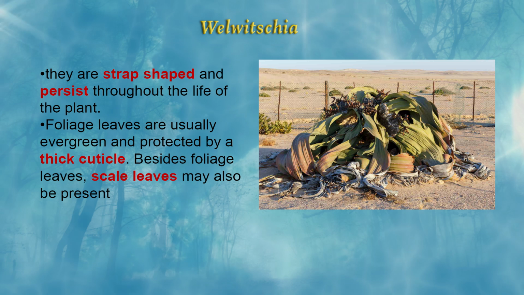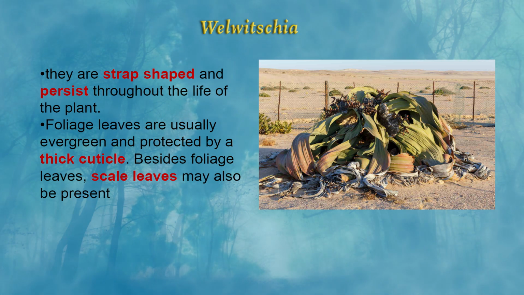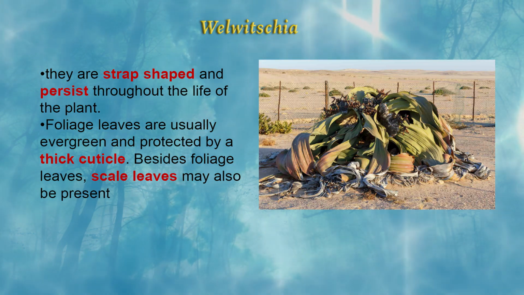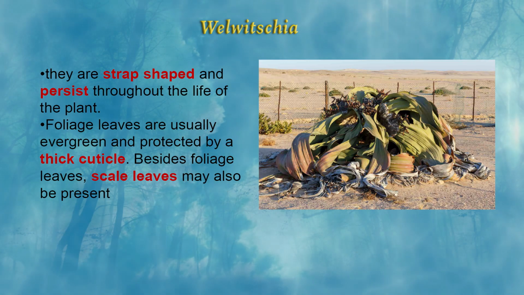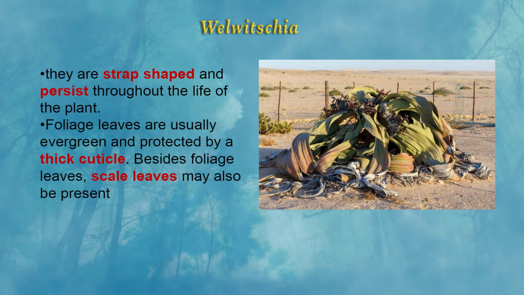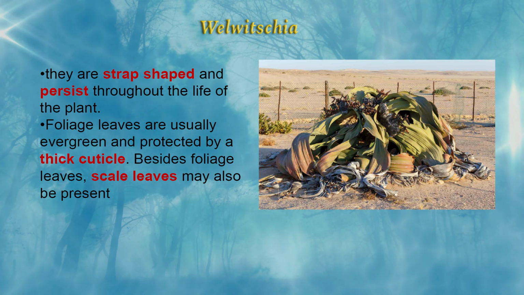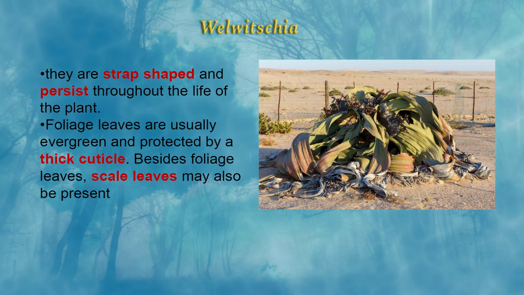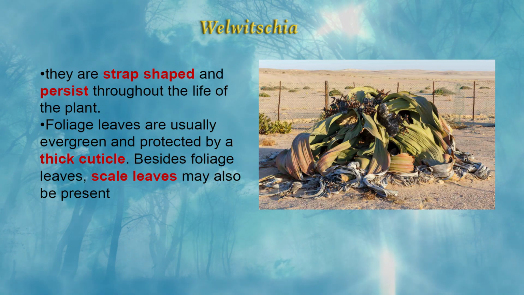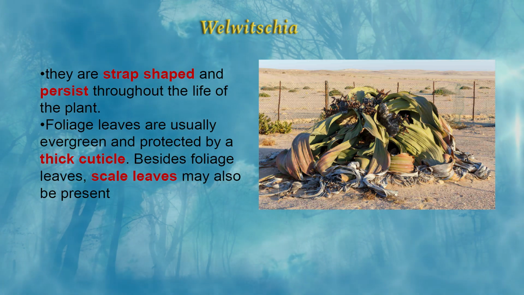There are also scale leaves, but the thick cuticle makes the plant survive in desert conditions. So, many xerophytic characters are also found in Gymnosperms. They have a wide variety of distribution, and the leaves of Welwitschia, which are strap-shaped, last for many years, and they give food to the plant, and they are protected with a very thick cuticle.